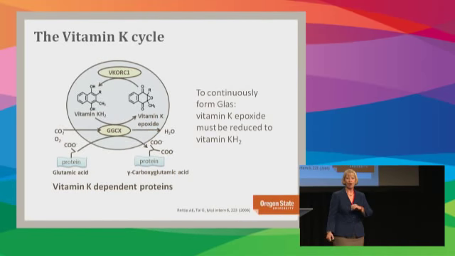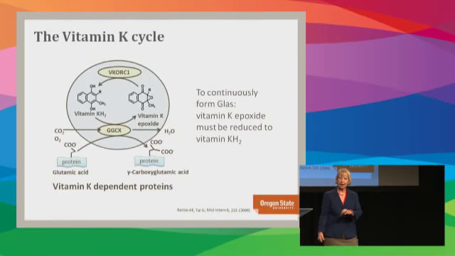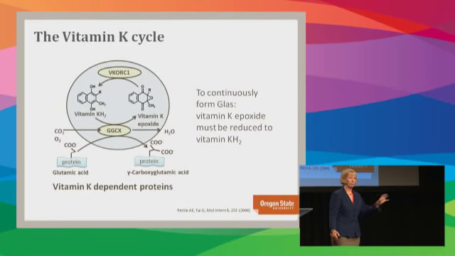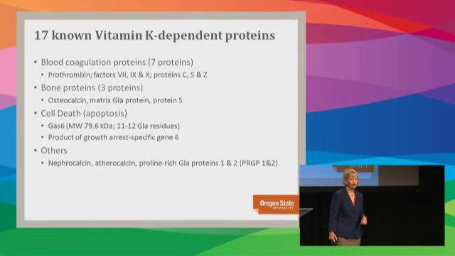So for all of you chemistry fans, this is a 4-electron oxidation to make a K epoxide, and that epoxide has to be reduced back to the form of the reduced K. So the form in your diet is kind of the intermediate phylloquinone. And all of these vitamin K-dependent proteins require this reaction, and they require multiple of those GLAs to be made.